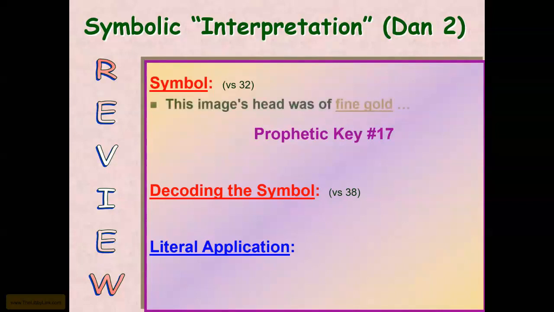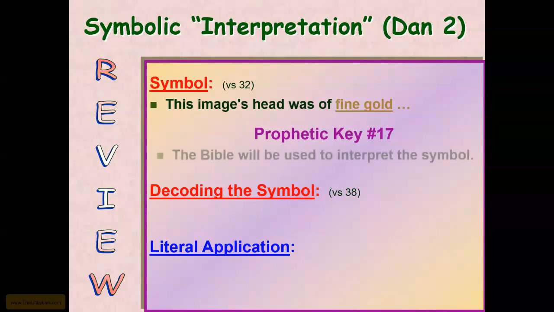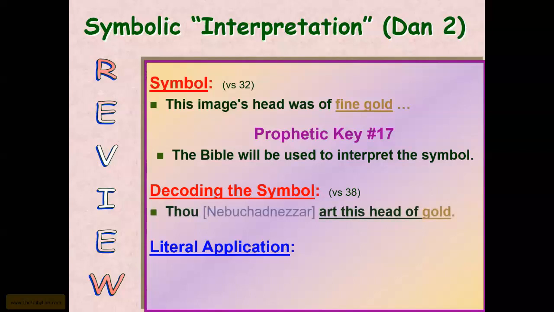In Daniel 2, the first symbol was the head of fine gold on the image. Following prophetic key 17, we allowed the Bible to interpret. The Bible decoded the gold head for us in verse 38 when we read, "Thou, Nebuchadnezzar, art this head of gold."